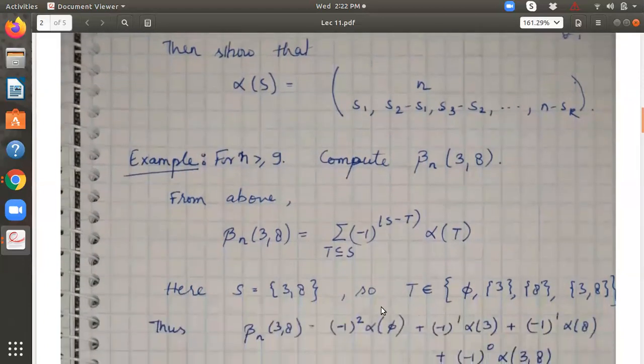All possible subsets T are the empty set, the singletons {3} or {8}, or the full set {3, 8}, right?